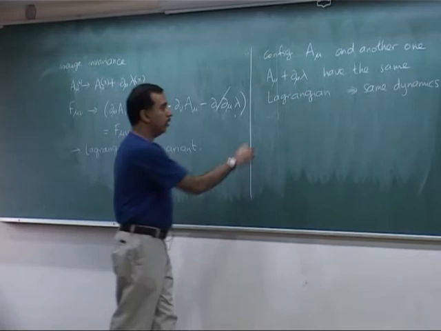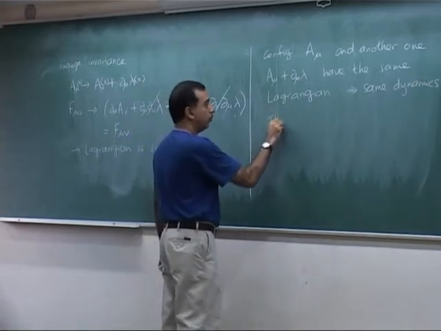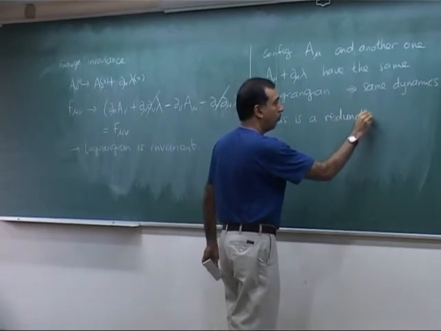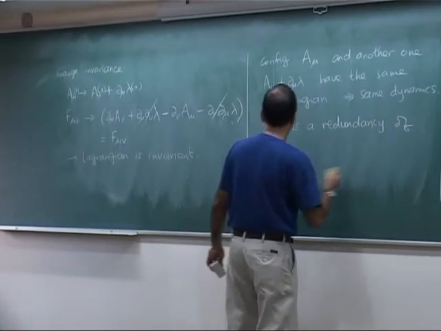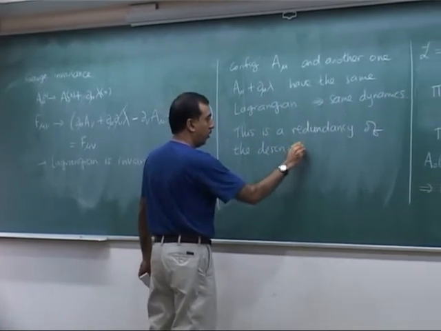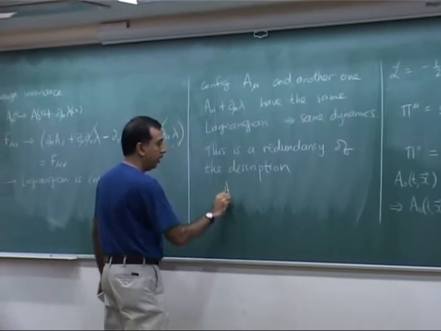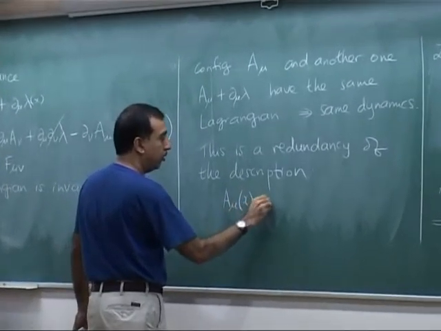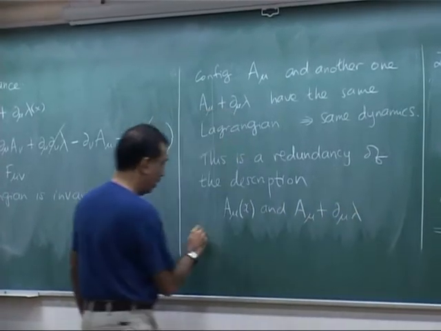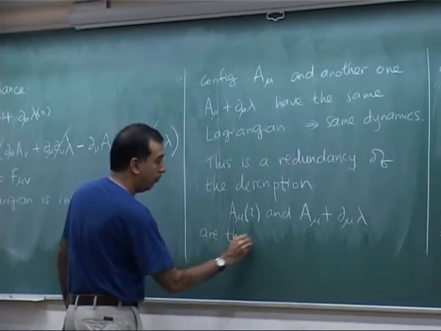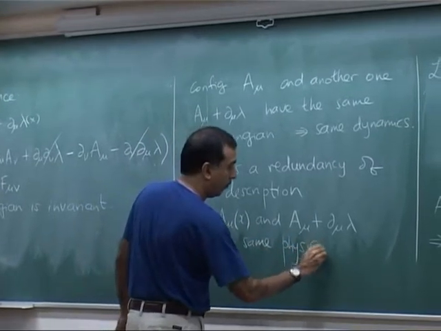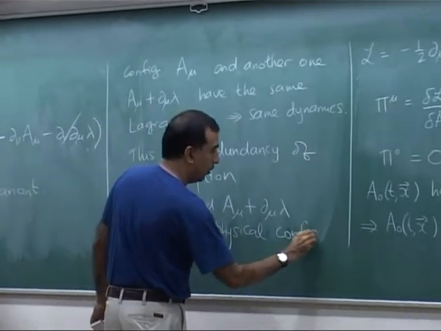So we conclude from this that this is a redundancy of the description. By redundancy I mean A mu and A mu plus del mu lambda are the same physical configuration.